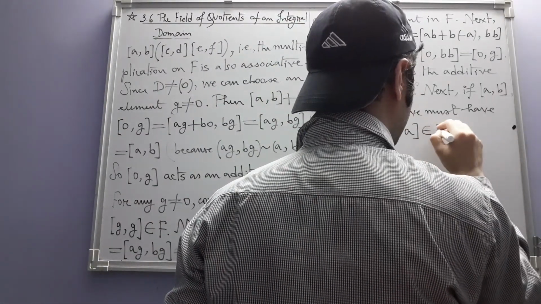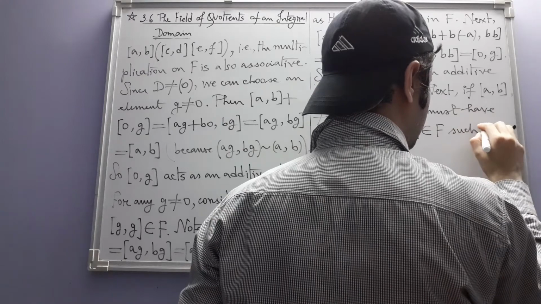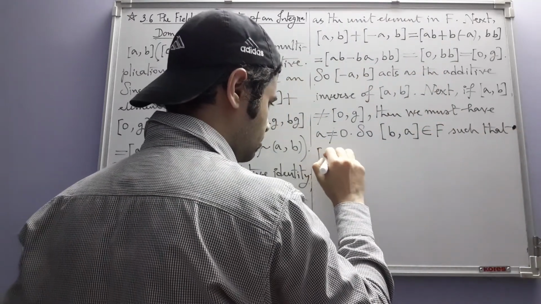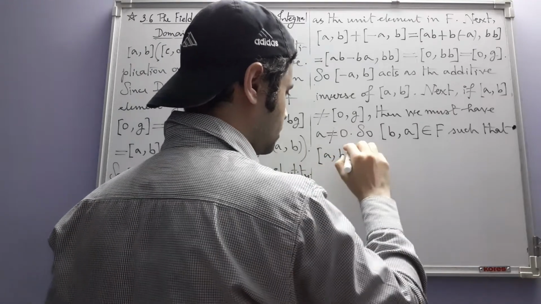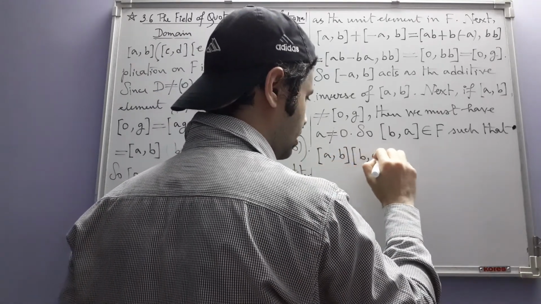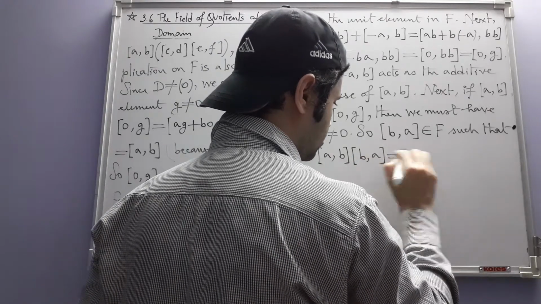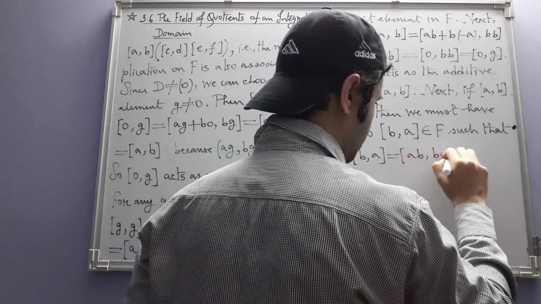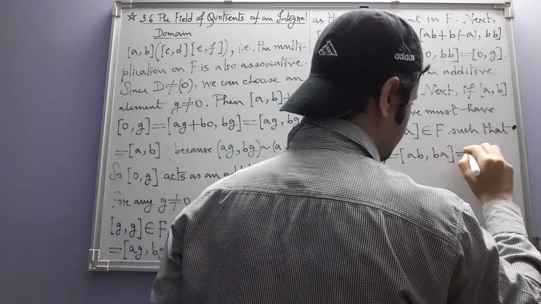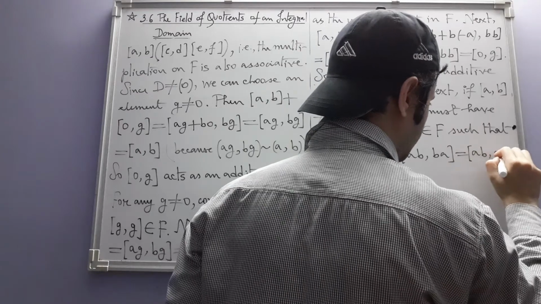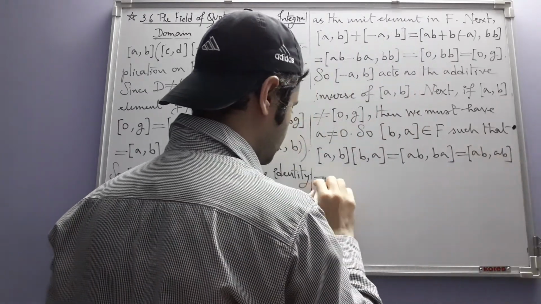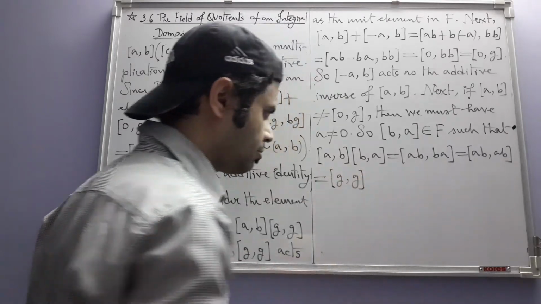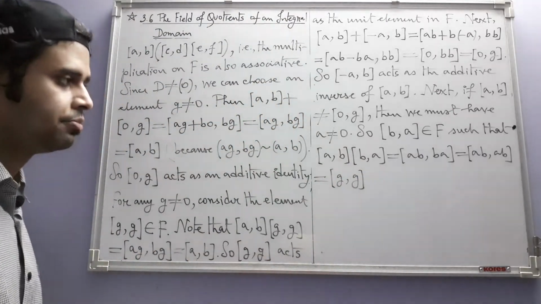Now this belongs to F, such that (a, b) times (b, a) is equal to (ab, ba), which is nothing but (ab, ab), and you can show that this is nothing but (g, g), the unit element.